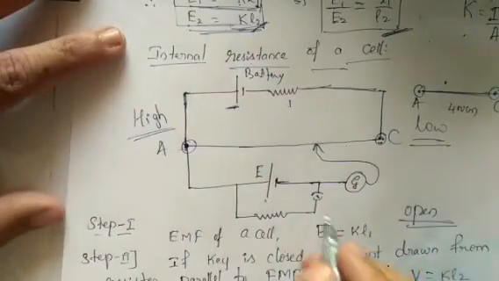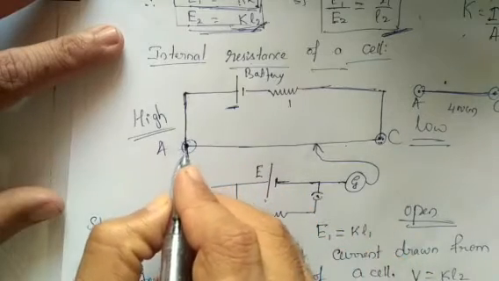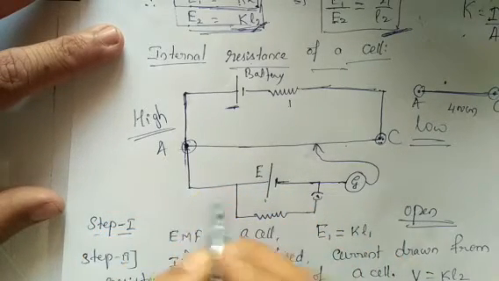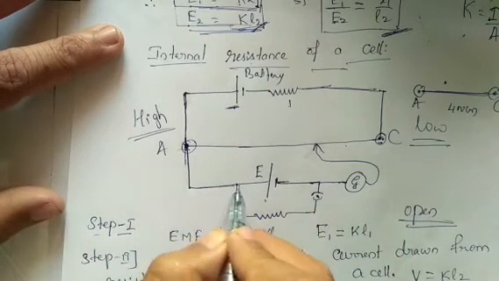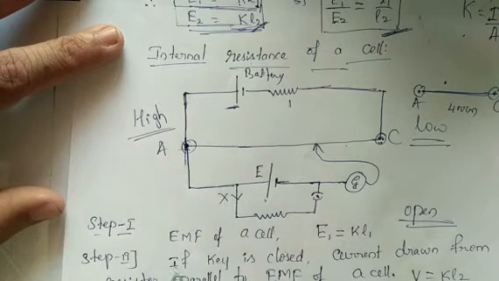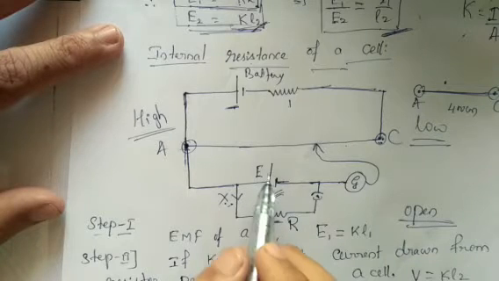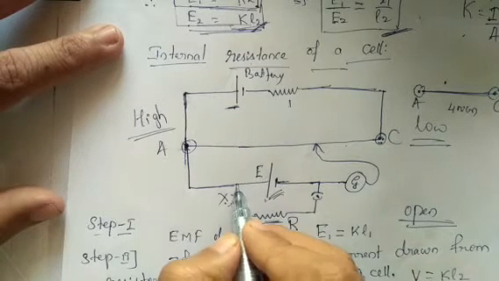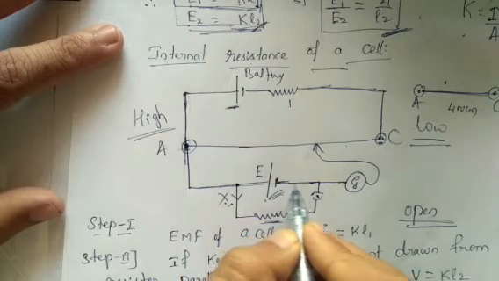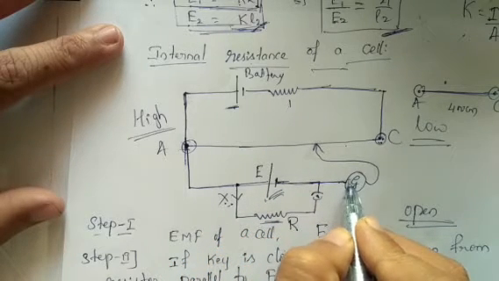If the key is open, whatever electric current comes from point A is not divided into the other component, where a resistor is connected parallel to the EMF of the cell. So the entire current flows through the EMF of the cell.